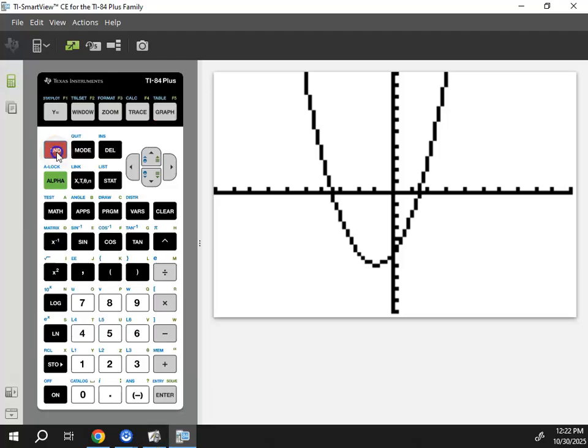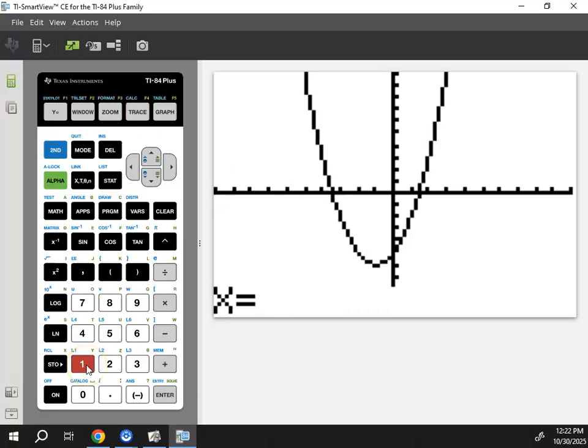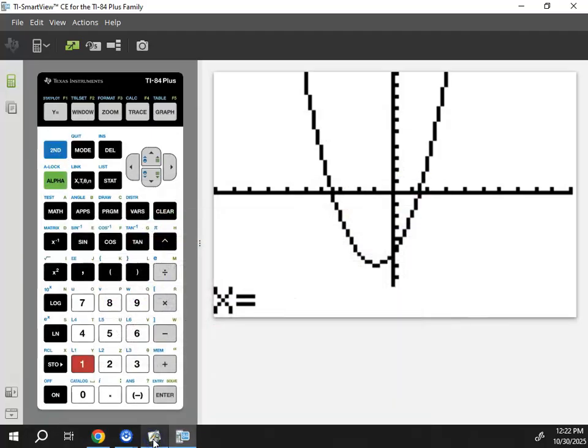So we're going to hit second, trace. And what we want is a value. So I choose 1 for value. You see where it says x equals and it's flashing? I want x to be -4. Now the negative button, pay attention to this again. Negative is down here by enter. -4.